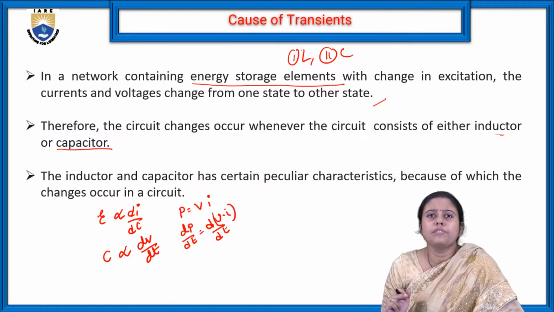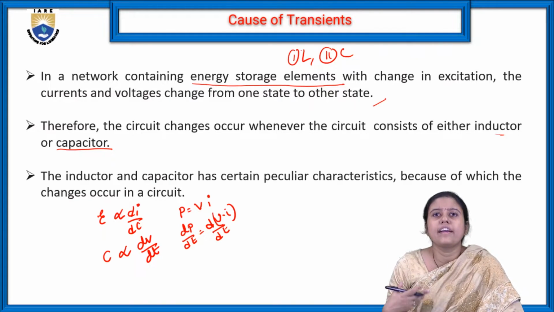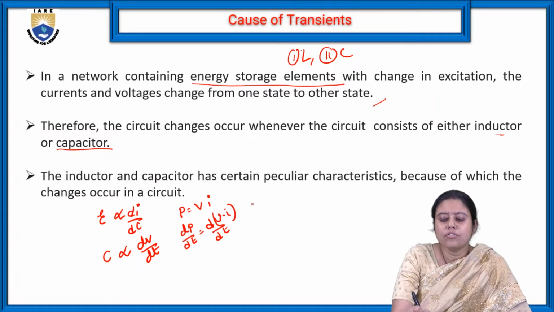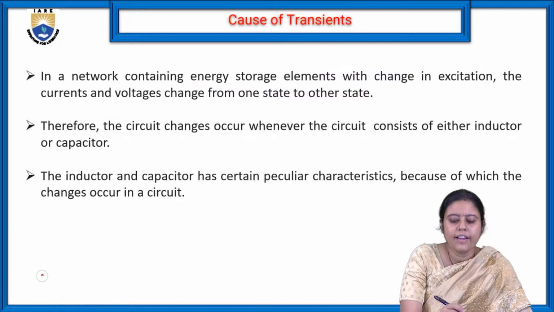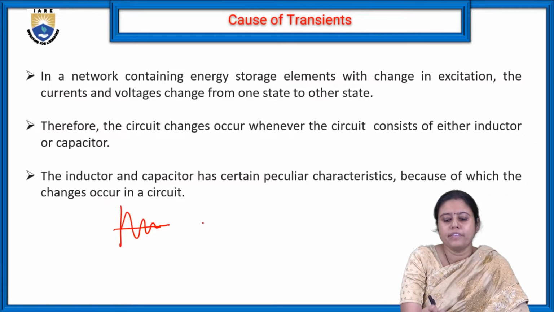If there is a rate of change of current, the inductor will oppose it, and which will create the transient of the system. Though we are drawing the transient of the system like a second order system like this, not necessarily the transient will always be like this.